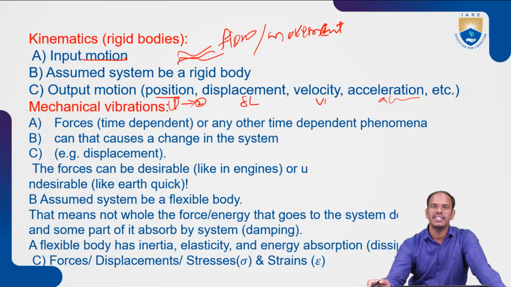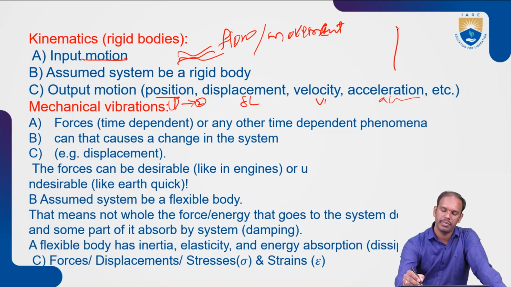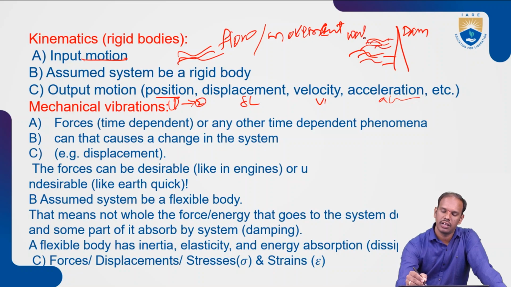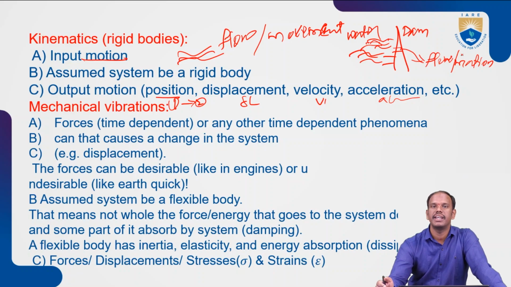Like water flowing in a dam, and this is the water, okay, and once you open the gate, then there is a flow, or motion happens, right? So there should compulsorily be a motion, then it is called kinematics. Once the behavior changes, like in the flow or motion there is a change, then we can concentrate on the kinematics of this body.